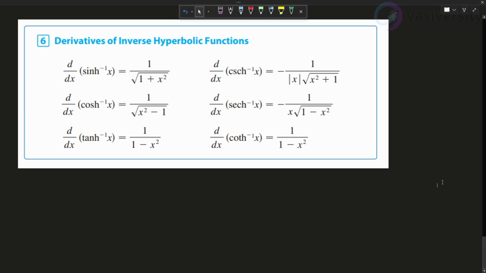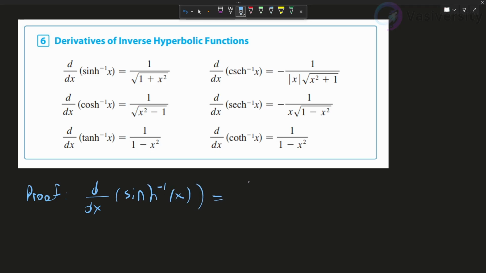But let's go ahead and prove the very first one. So proof: d/dx of the inverse hyperbolic sine of x is 1 over the square root of 1 plus x squared.